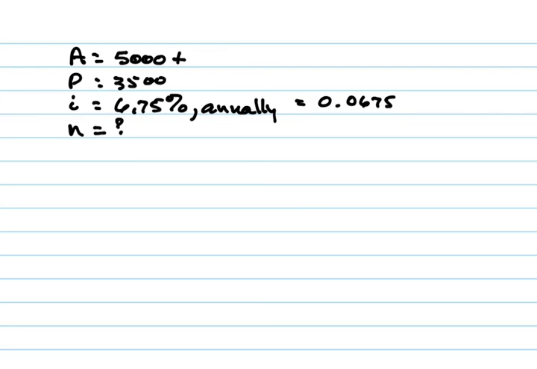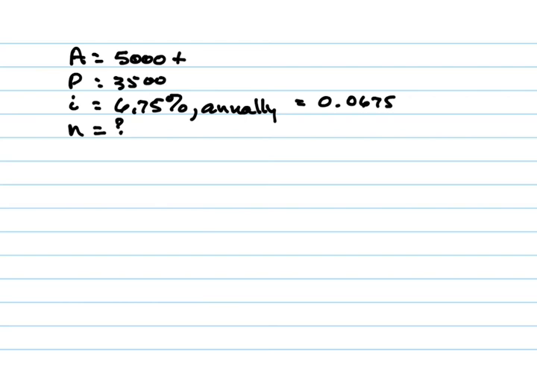Our interest rate is 6.75% compounded annually. That's nice. Why? Yeah, all I have to do is change it to a decimal, and that's my interest rate. That's my I. Okay? How long would I have to leave the money in there? So I don't know how long I'd have to leave it in there.